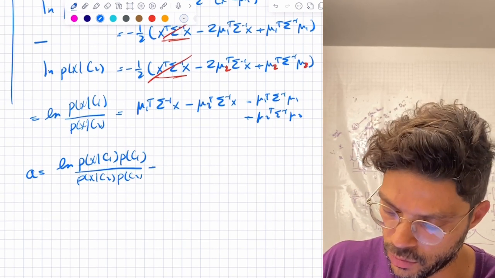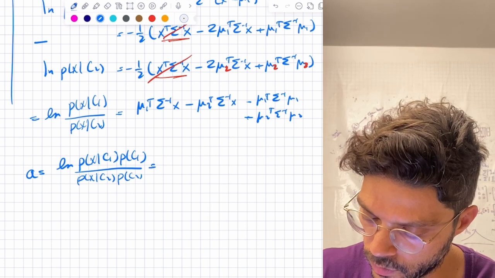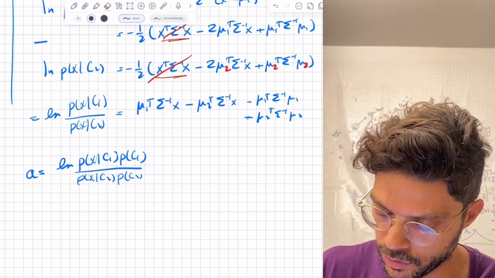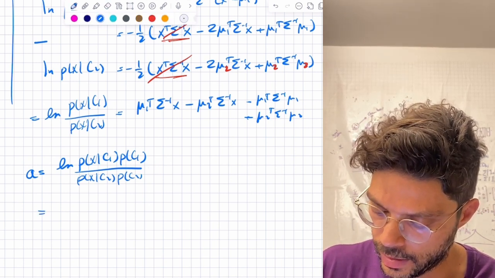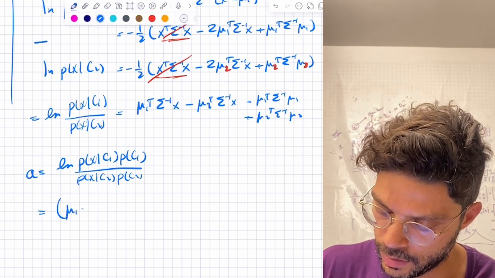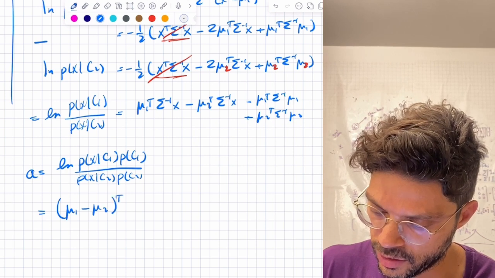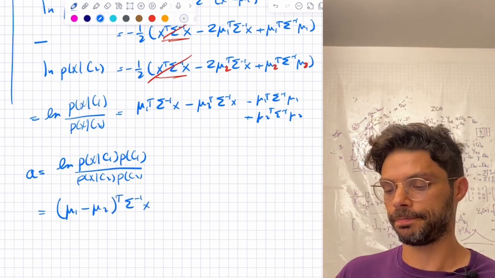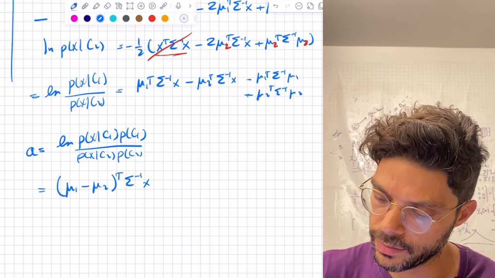Well, this is just going to equal, so let's write it nicely, mu1 minus mu2 transpose sigma inverse x, right?